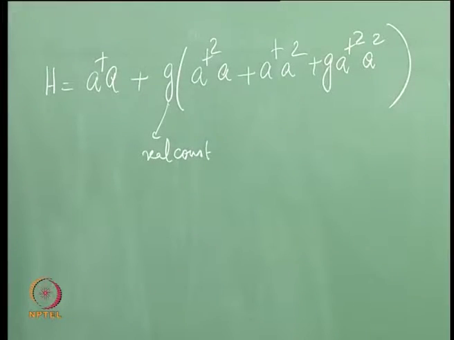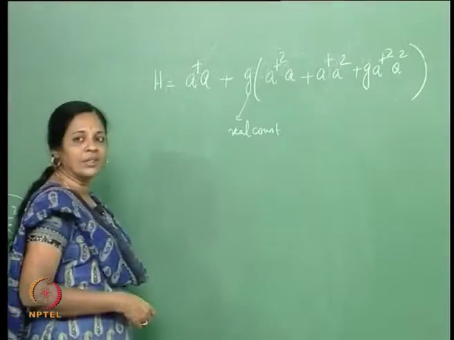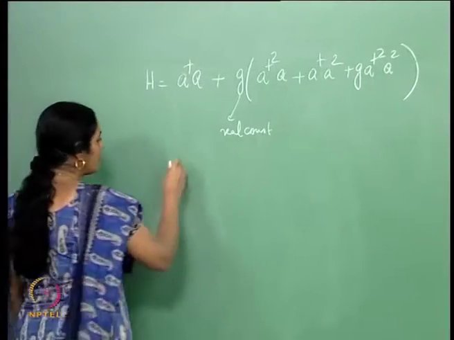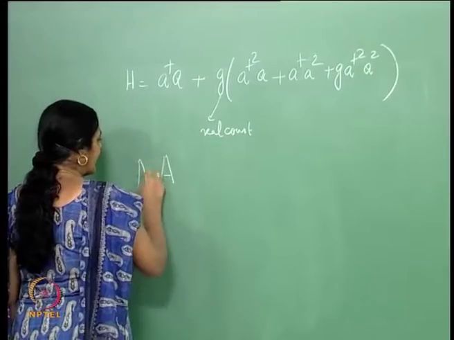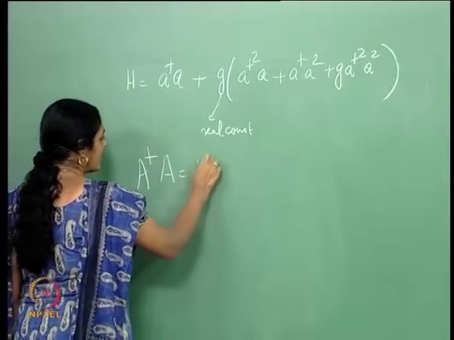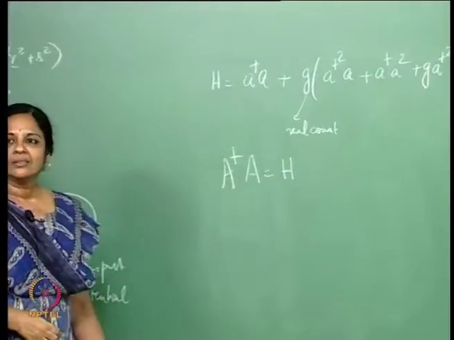Is it possible, let me ask the same question that I asked in the earlier problem. Is it possible to define an A and an A dagger such that A dagger A equals this Hamiltonian?